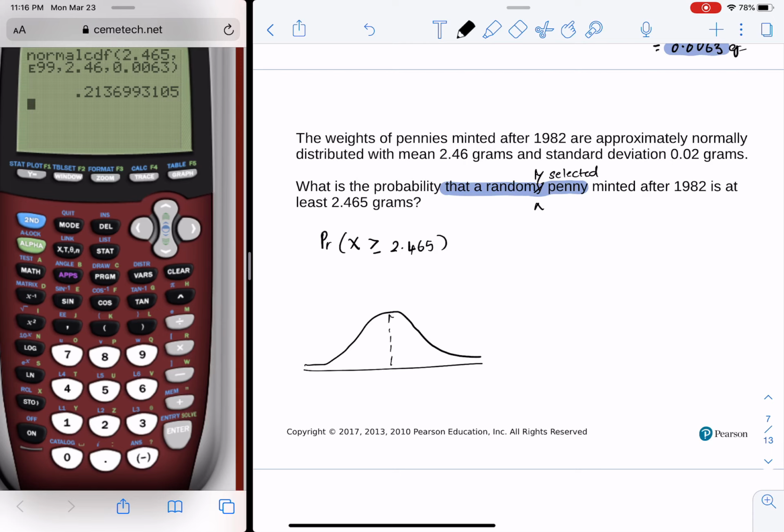The mean is 2.46 and the standard deviation here is simply 0.02, because if we take 1 penny and look at its weight, it is normally distributed with mean 2.46 and standard deviation 0.02. So 2.465 is over there, and we are trying to find the area above it.